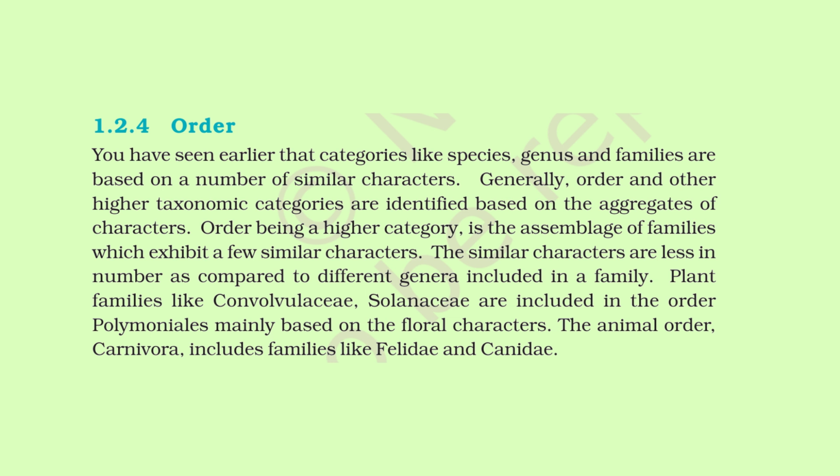The similar characters are less in number as compared to different genera included in a family. Plant families like Convolvulaceae, Solanaceae are included in the order Polymoniales, mainly based on the floral characters. The animal order Carnivora includes families like Felidae and Canidae.